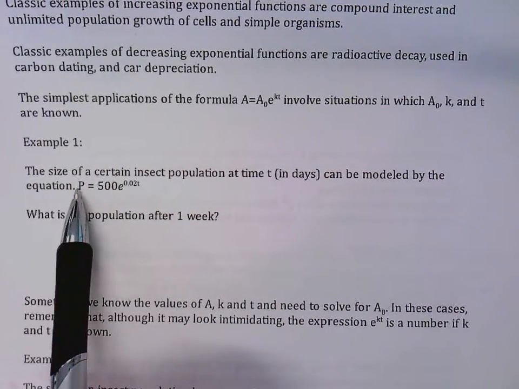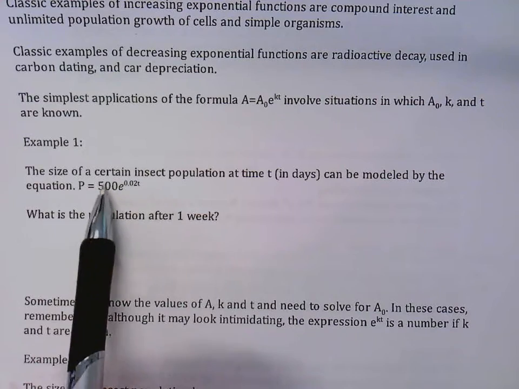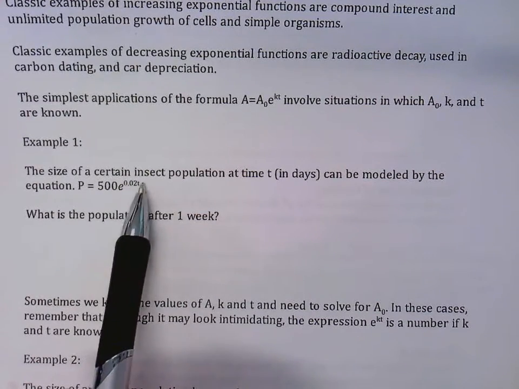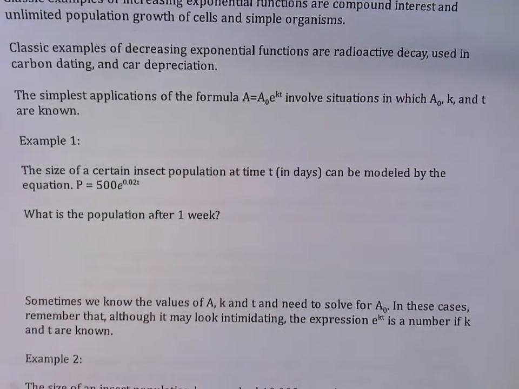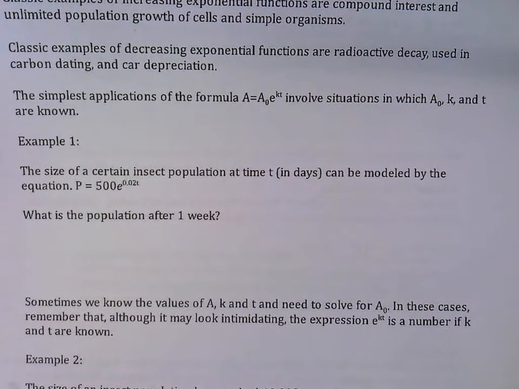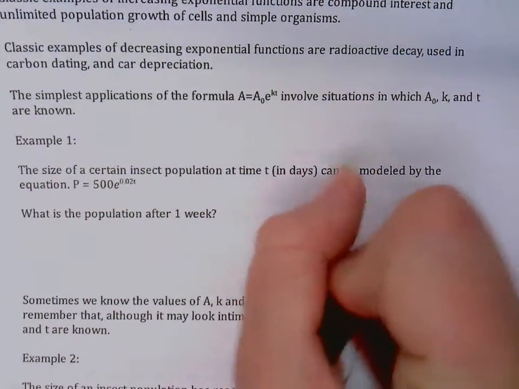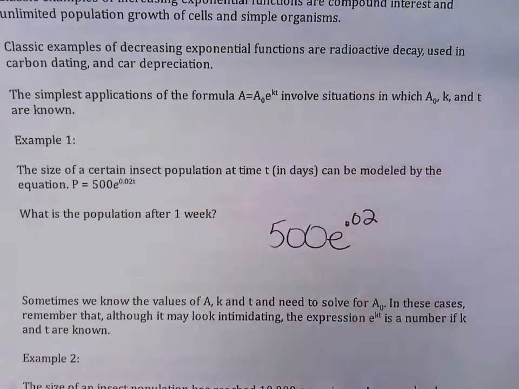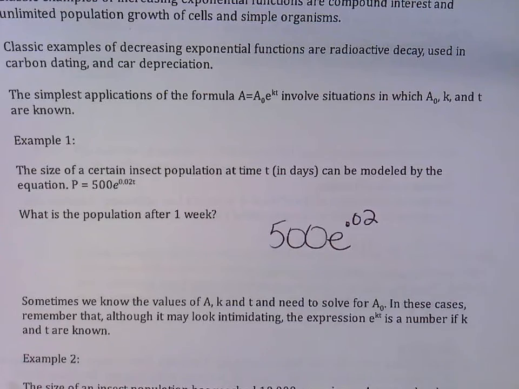Population equals 500, that's your initial insect population, e to the 0.02t. What's the population after 1 week? What am I going to plug in? 500 times e, yeah. 0.02 can't change, that's a constant. 7 for 7 days, right?